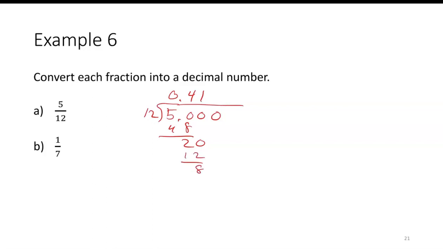That's 8 remainder. 12 goes into 80. What do we say? Well, 5 would be 60, 6 would be 72. So I guess 6 times. So that's 72. And now we have this repeating 6s. So this becomes 0.41 and then 6 repeating.